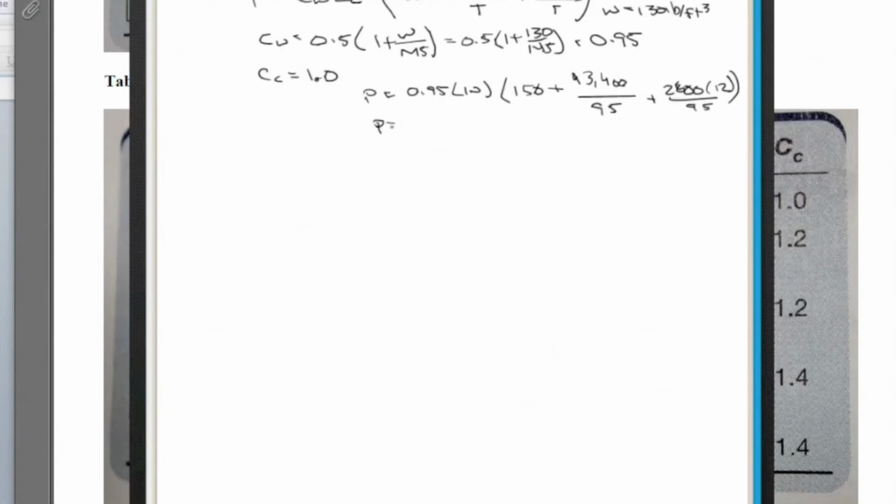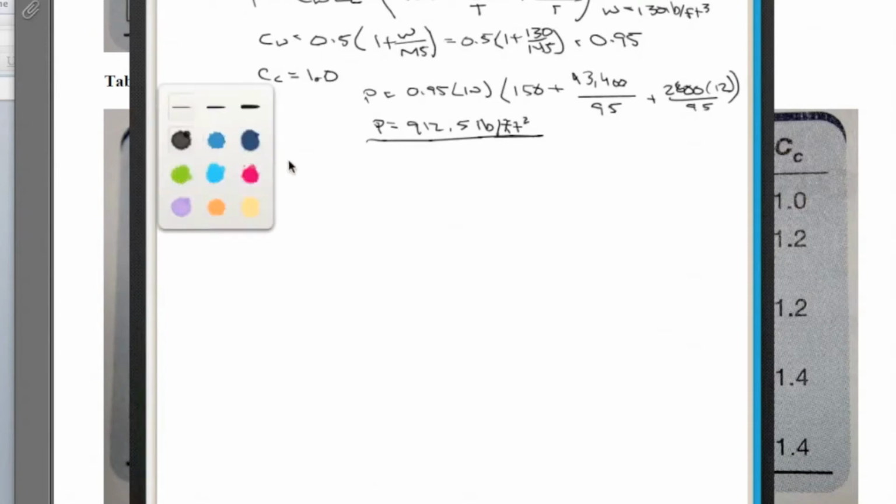And you do all that out and you get 912.5 pounds per square foot. Alright, so let's keep that one in mind.